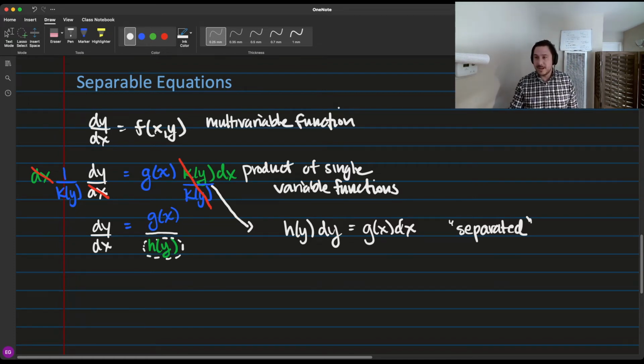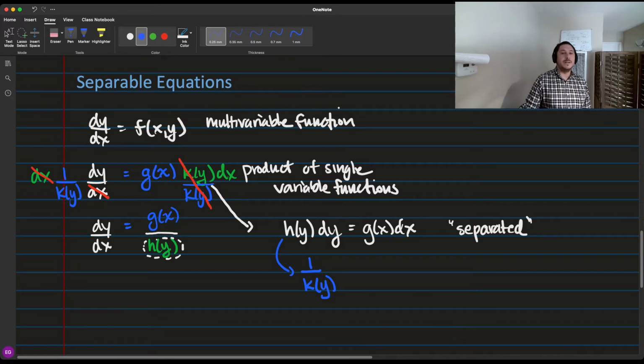H of y is the same thing as 1 over k of y. Now, you have to put a caveat on this. What is the caveat for this actually being solvable? Yeah, exactly.